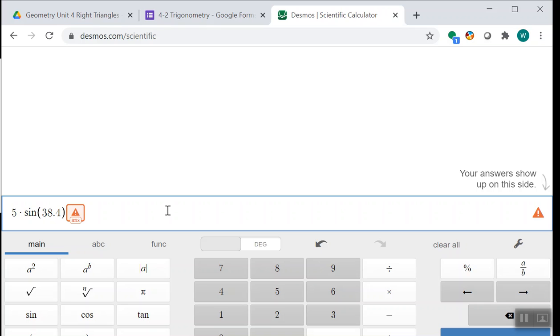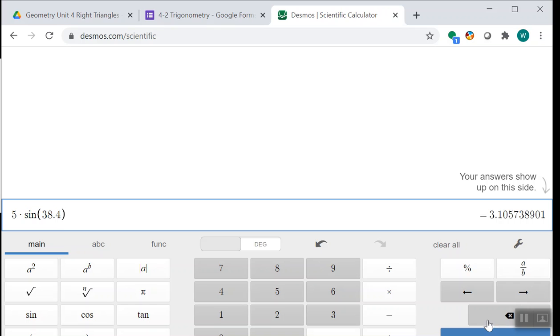Oh, I think that messed it up. Let's go ahead and delete that. Okay, and here's our answer: 3.1057. Now I'm going to round that to 3.11. I'm going to take that 0 and round it up to a 1.